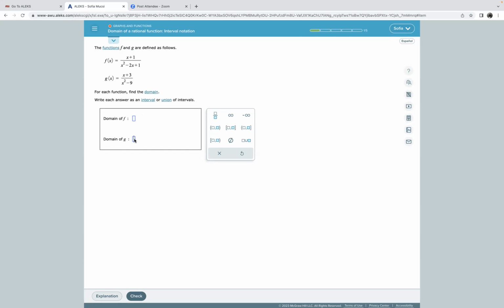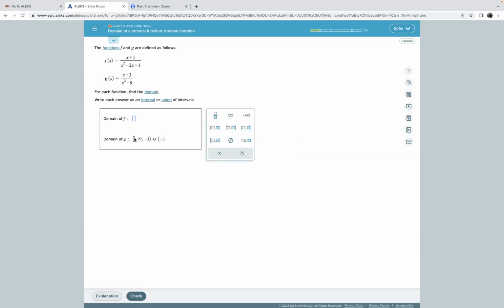So I guess I'll start typing it. Let's do negative infinity to negative 3, union, and then the next one would be parentheses, negative 3 to positive 3, because you're including all. The negative infinity is always a parentheses.